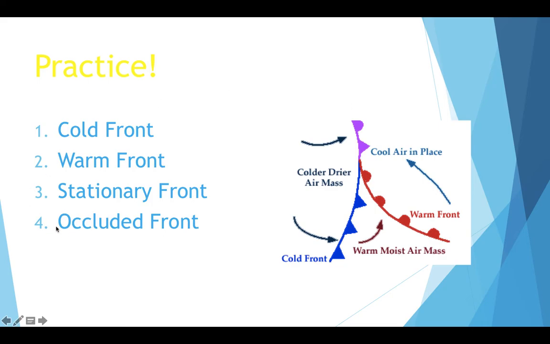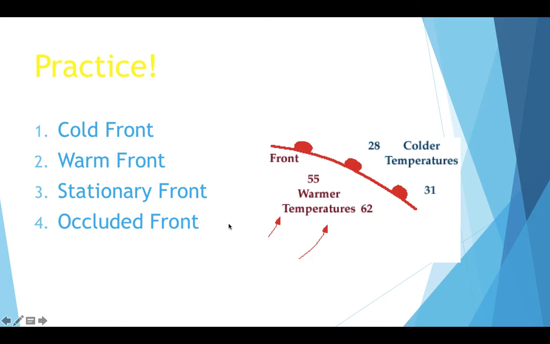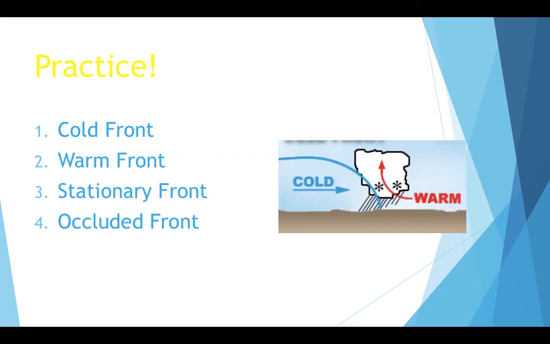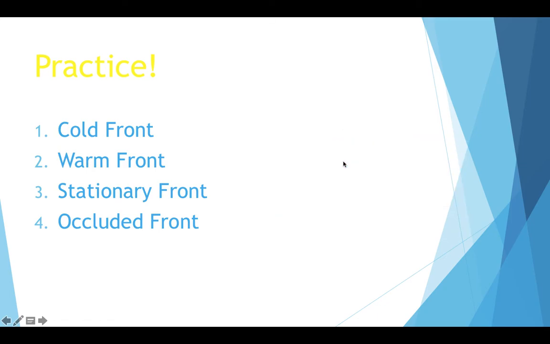This one, hopefully you had 4 fingers up. This is an occluded front. This picture is showing number 2, a warm front. This is showing number 1, a cold front, cold air pushing that warm air up, getting those thunderstorms.